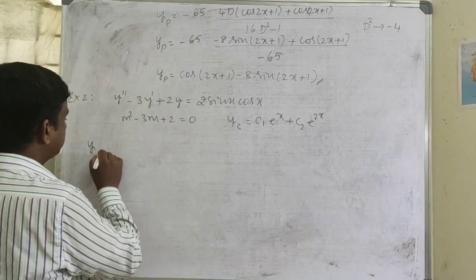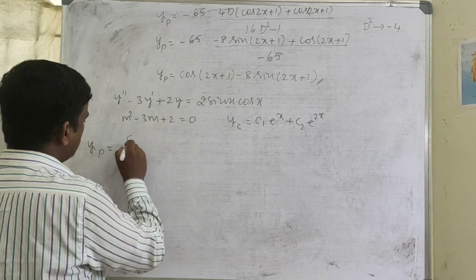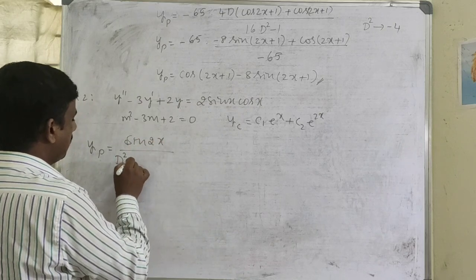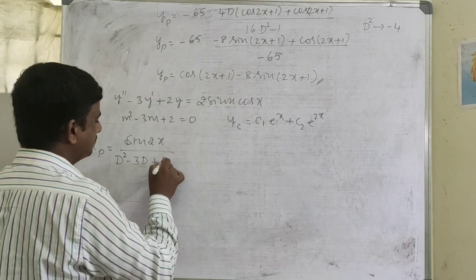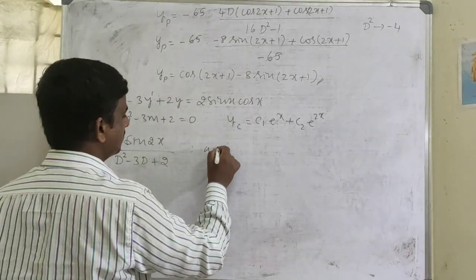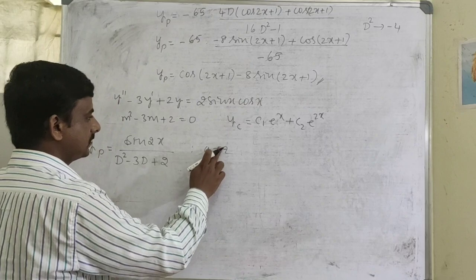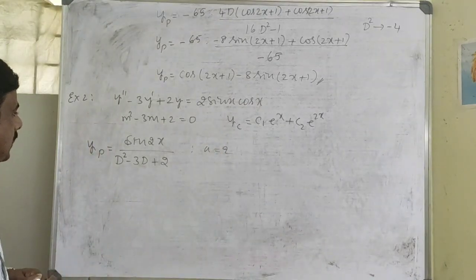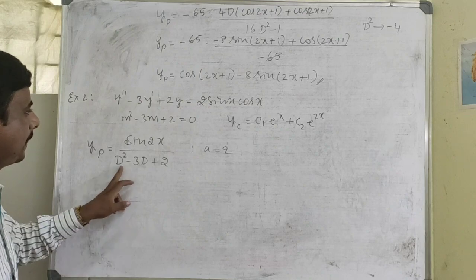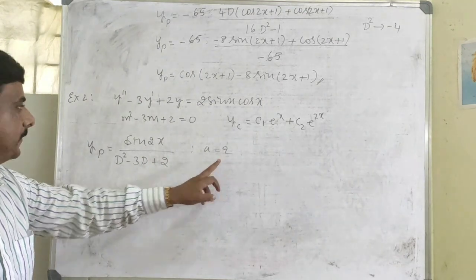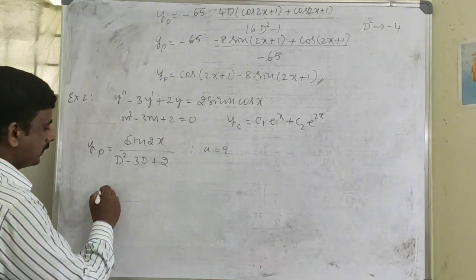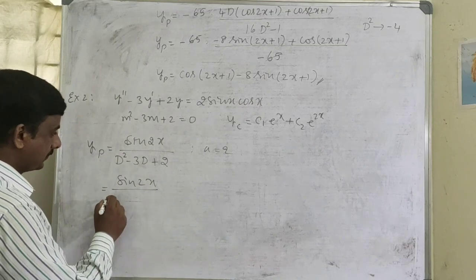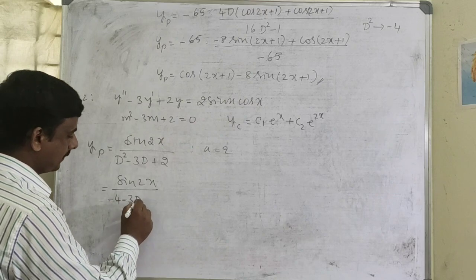Yp will be sin 2x divided by d square minus 3d plus 2. A is 2. Now if you replace d square by minus a square, it will be sin 2x divided by minus 4 minus 3d plus 2.